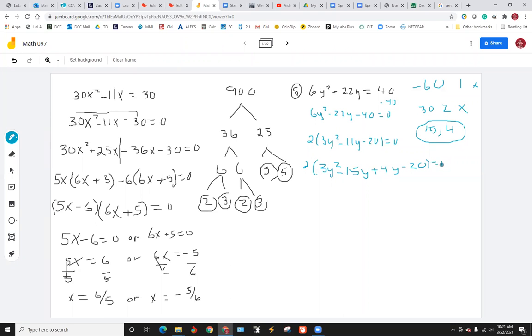And then I'm going to use my factoring by grouping. So on this side, take out a 3y.